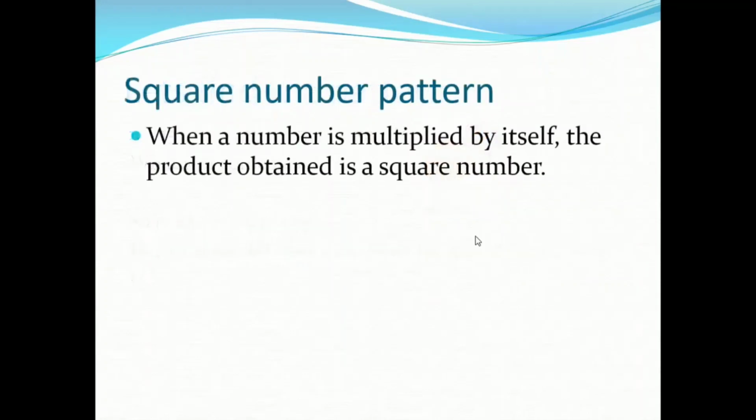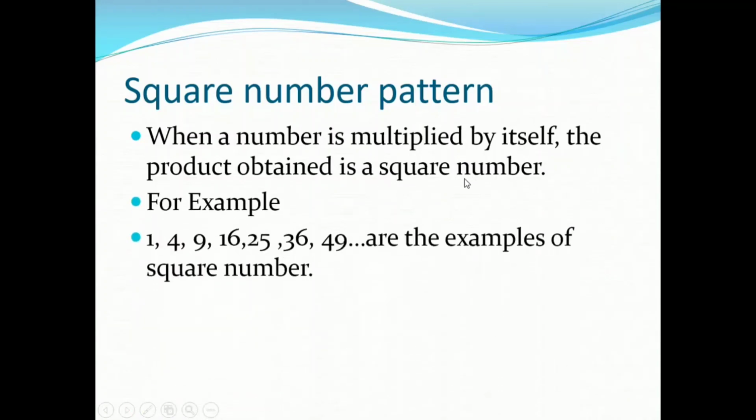Now we will see square number patterns. What is a square number pattern? When any number is multiplied by itself, the product obtained is a square number. We will see some examples. For example, 1, 4, 9, 16, 25, 36, 49 are examples of square numbers. How do we obtain these numbers?